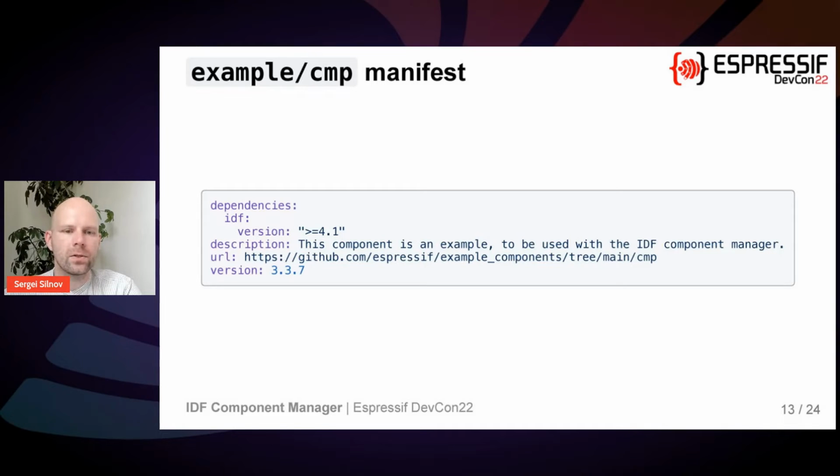It allows you to specify the version requirement of ESP-IDF. However, Component Manager never installs any versions of IDF itself. It only checks that the version you are using right now is compatible with all the components participating in the build.